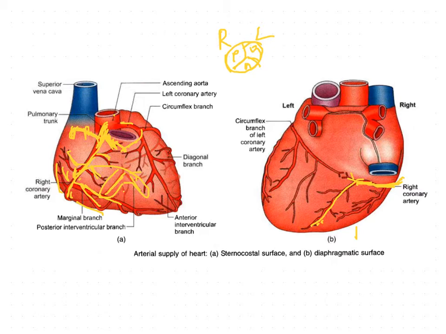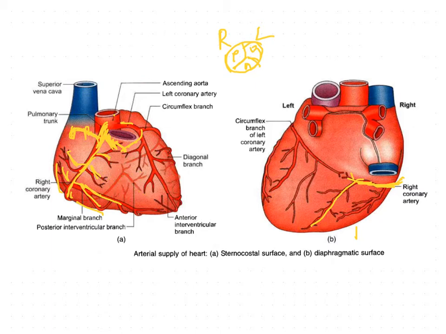So these are the course, branches and areas of distribution of the right coronary artery. Okay, after that we are going to see the left coronary artery.